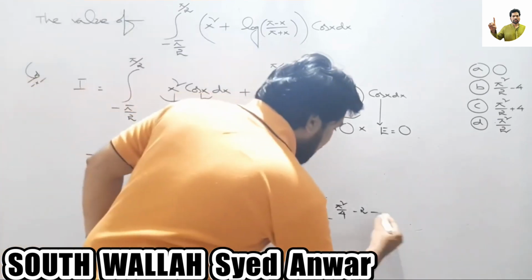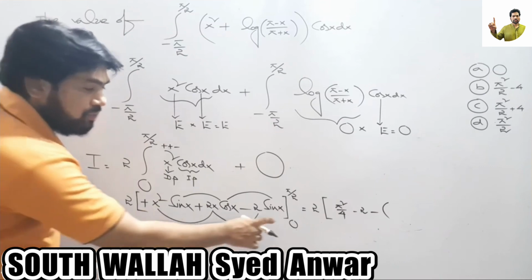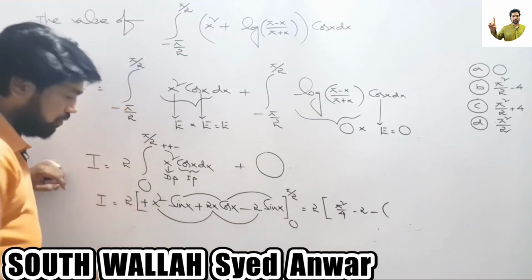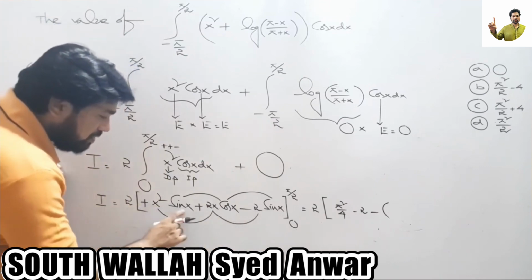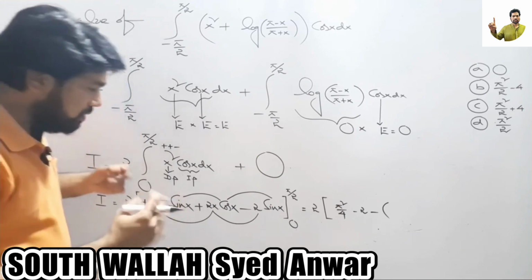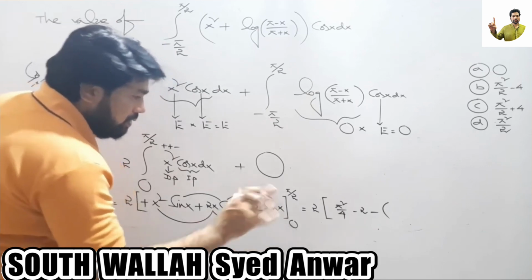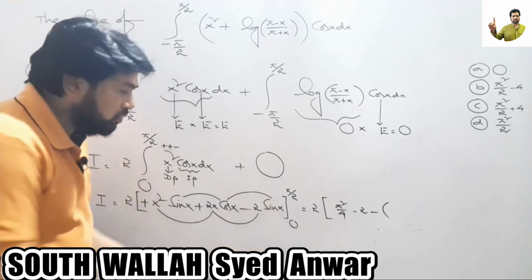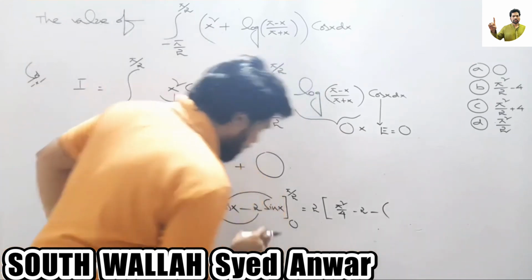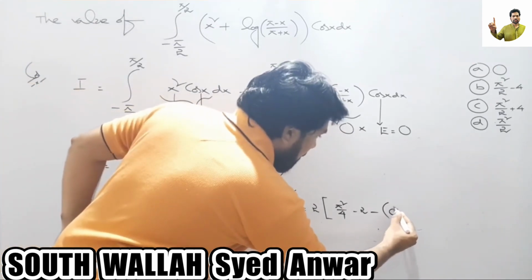Next, minus, we substitute the lower limit 0 wherever x is there. Sin 0 is 0, 0 into 0 is 0, leave it, and sin 0 is 0. Totally, when I substitute the lower limit, I get 0.